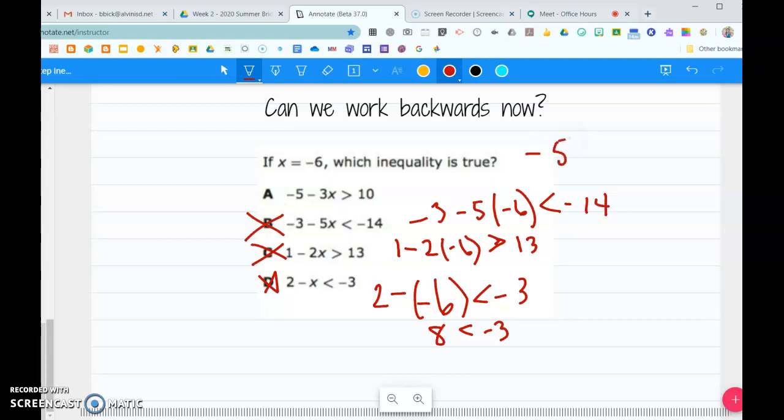Negative 5 minus 3x, oops, that's negative 6, times negative 6 is greater than 10. Negative 3 times negative 6 is positive 18. Minus 5 is positive 13. Is positive 13 greater than 10? Yes, it is. So that's the other way you could see the inequalities questions asked.